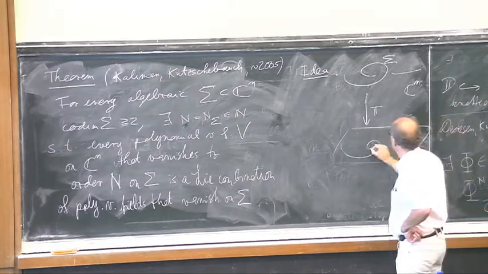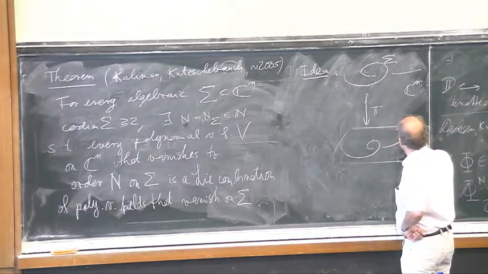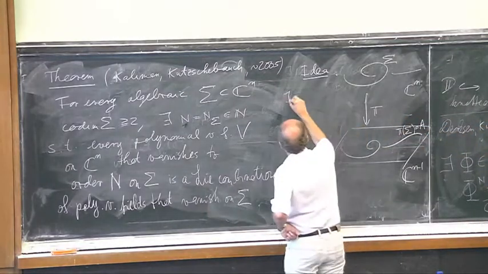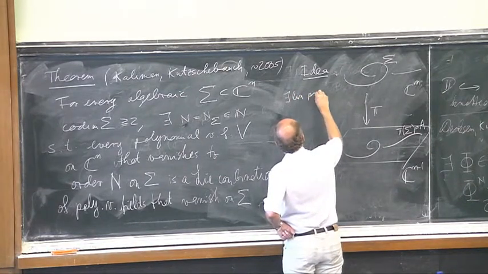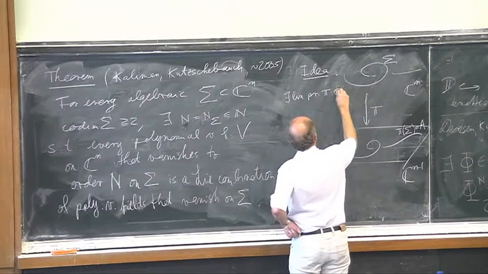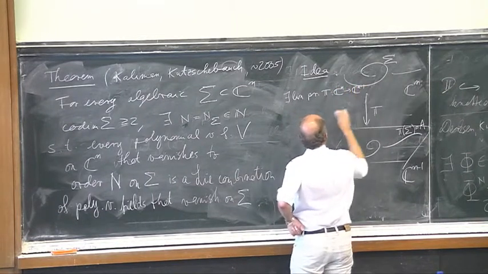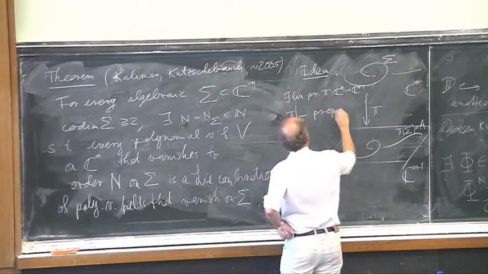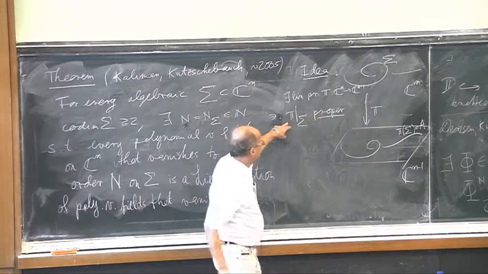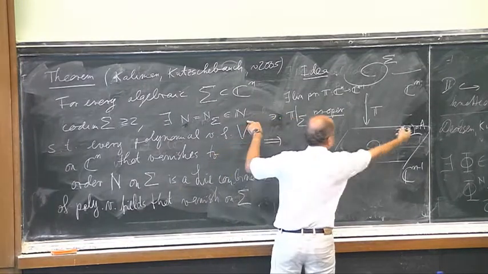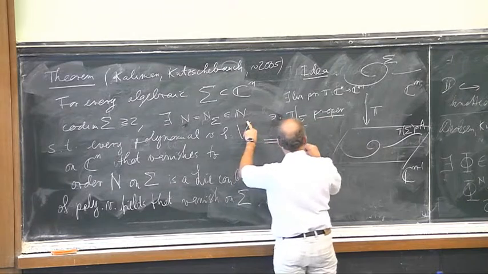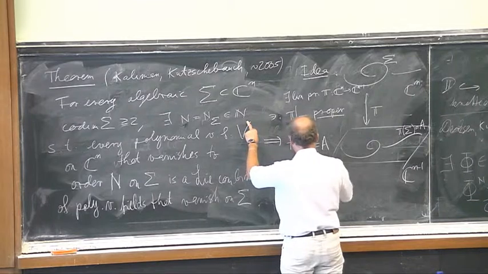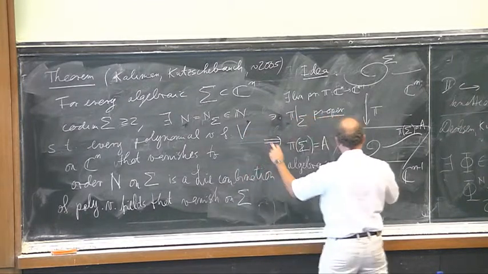So sigma is mapped downstairs to some algebraic subvariety, let's call it A. So there exist linear projections, many of them, P, from Cn to Cn minus 1, such that P restricted to sigma is proper. And this condition, of course, guarantees that the image is an algebraic subvariety of Cn minus 1.